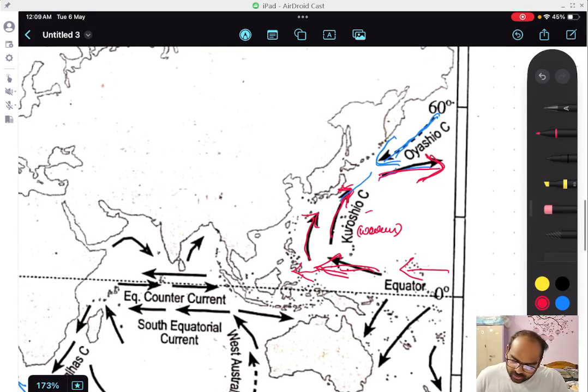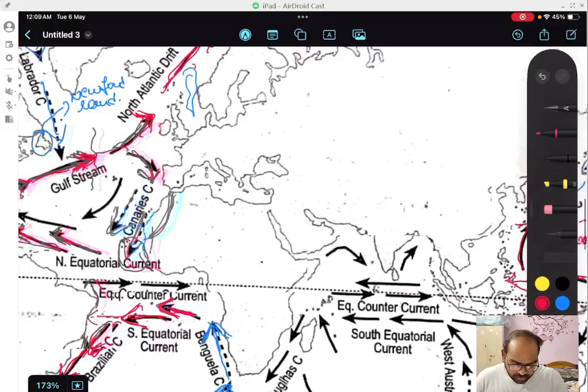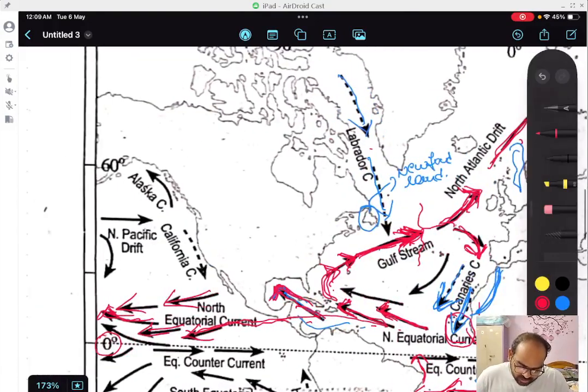Once they travel towards North America, they emerge as the North Pacific Drift. It is the Oyashio and Kuroshio currents together that travel east and emerge as the warm North Pacific Drift. Once the North Pacific Drift moves towards the western coast of North America, it hits the western coast and starts drifting as the Alaska current and the California current.